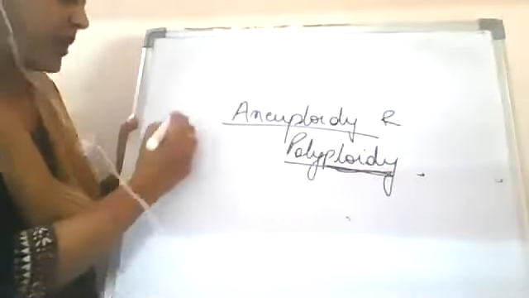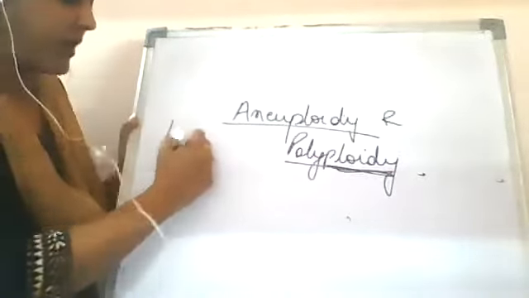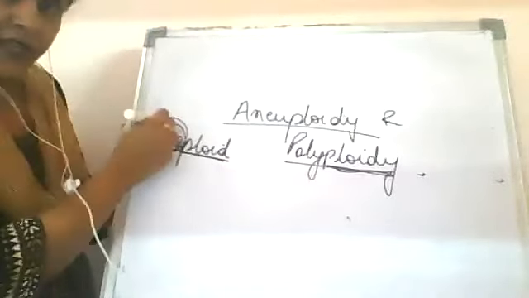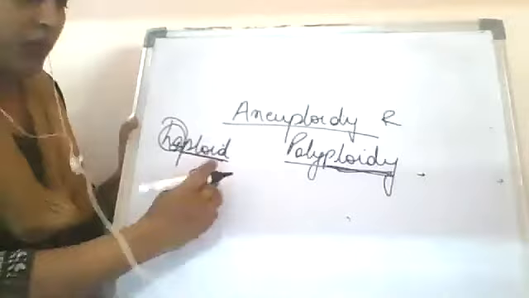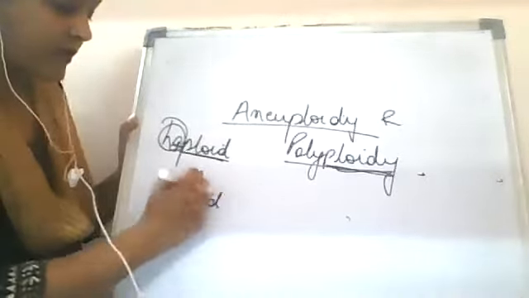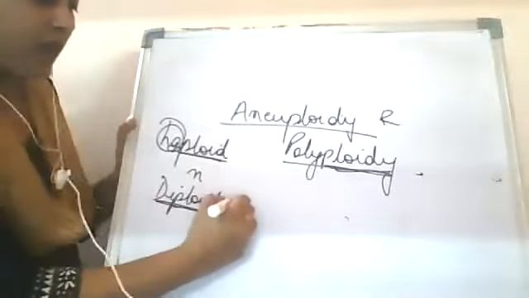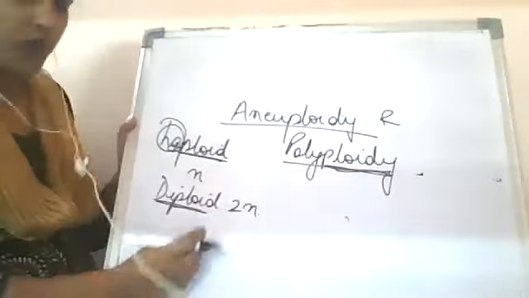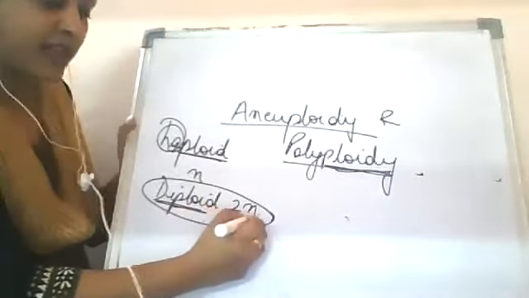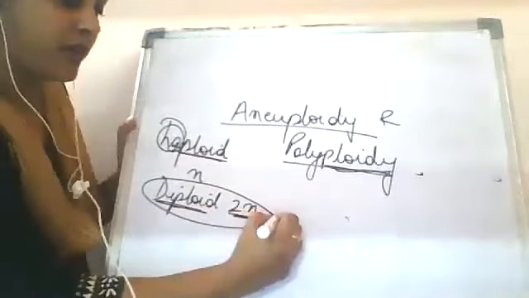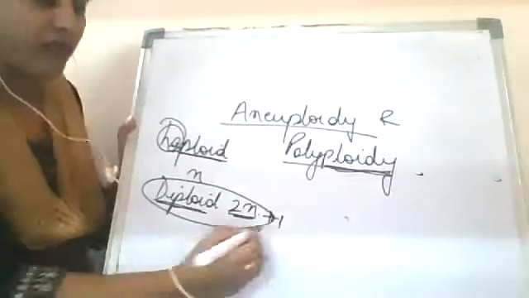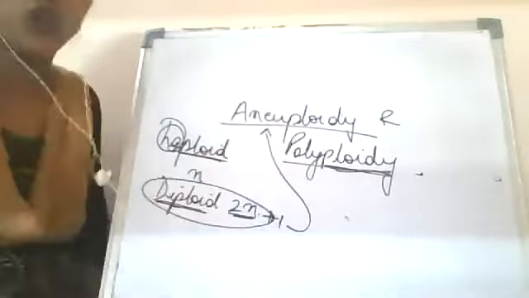For example, we use the term haploid. Haploid means n number of chromosomes. By diploid we mean 2n number of chromosomes. In the diploid condition, if it is short by one or excessive by one chromosome, we call this condition aneuploidy.